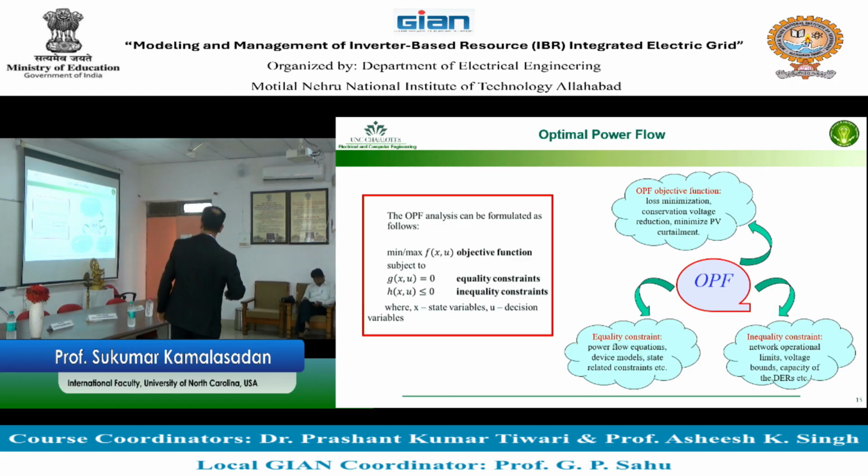Now, equality constraints: you have power flow equations, equality device models, state related constraints. We talked about device modeling. Equality constraints mean that you make sure that input is equal to output.